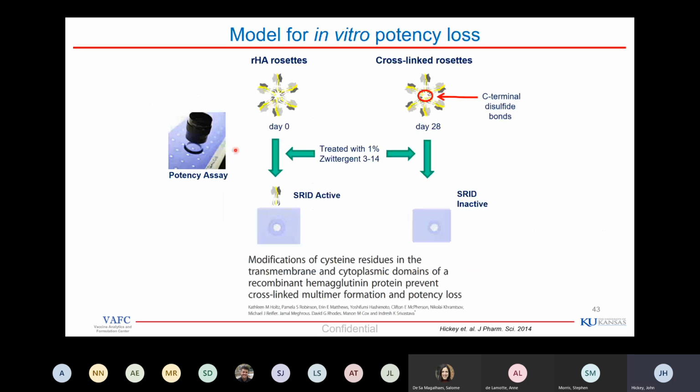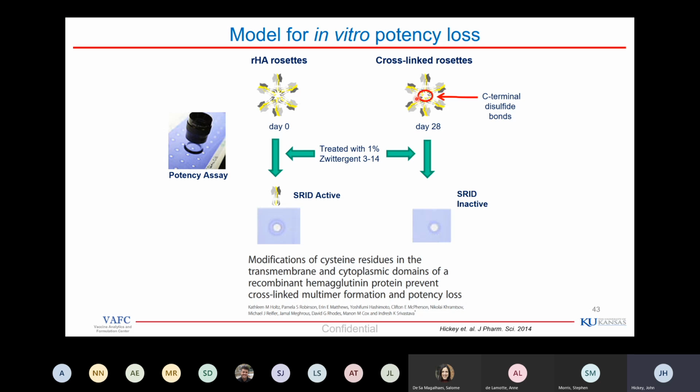And so our hypothesis for this in vitro potency loss was that these rosettes initially in the SHRID potency assay are treated with a detergent. These rosettes get dispersed and you have an active potency reading.